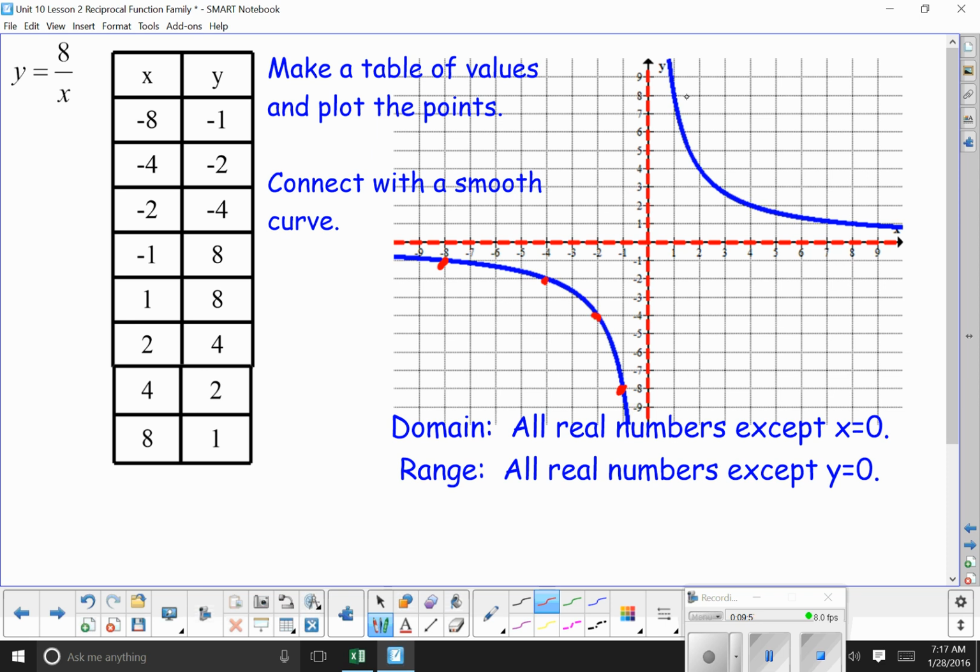Same thing applies on the right-hand side. Now, from when we did this just a little bit ago, you should recognize the general shape. I've got it in the first quadrant and the third quadrant. The domain is all real numbers except x equals 0. The range is all real numbers except y equals 0.